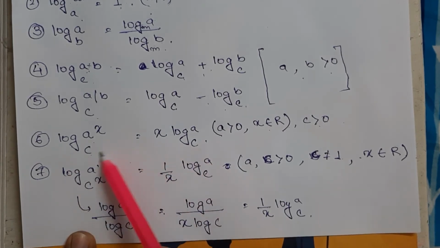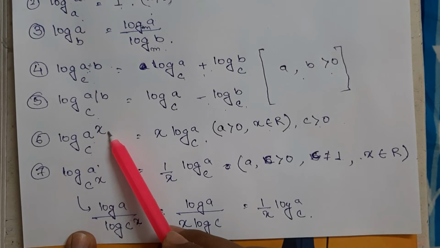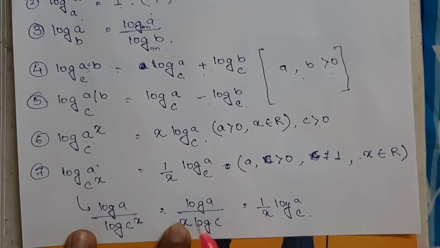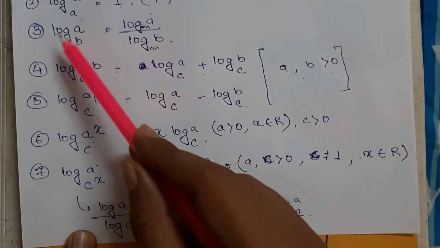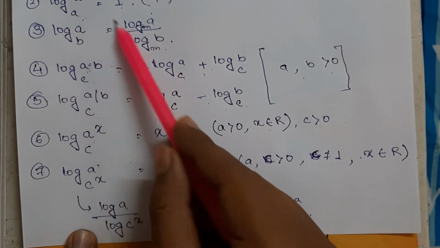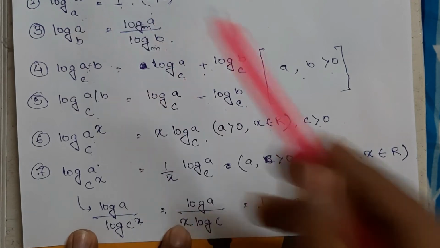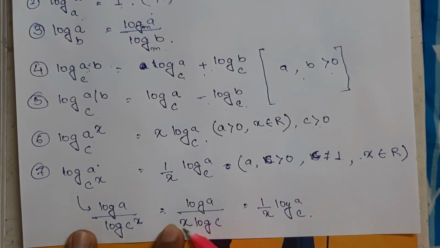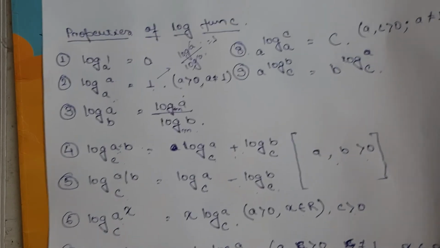By using this, you can see here there is an x at the power, so I have taken it to the front. So if this is true, from this you can write this, from this also you can write this, right? So here it is log A base C, and 1 by x was there, so 1 by x. Very easy property, right? Some of the easy properties.